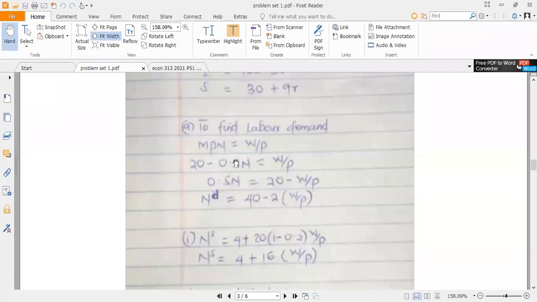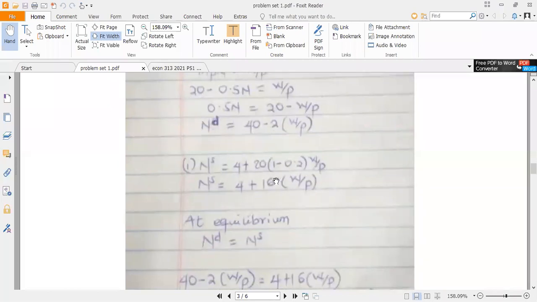We send minus 0.5N to the other side and W over P to the other side, so we have 0.5N equals 20 minus W over P. To find N, you divide through by 0.5. So our ND should be 20 over a half, which is 40, and 1 over a half is 2. So we have the demand for labor function to be 40 minus 2 W over P.